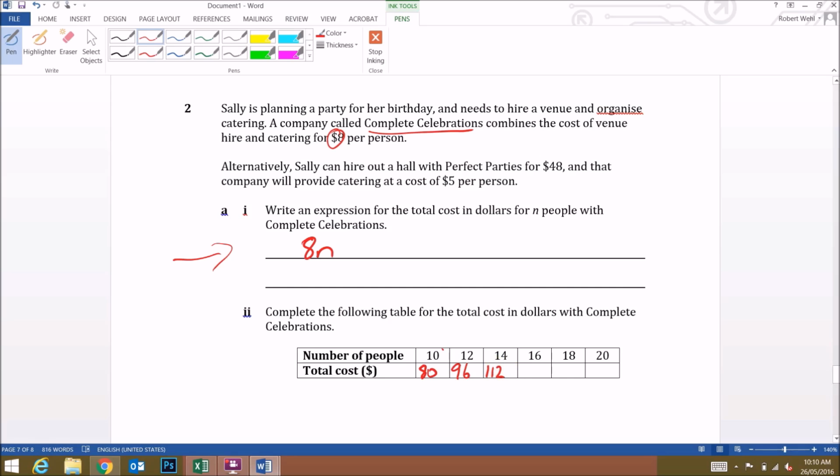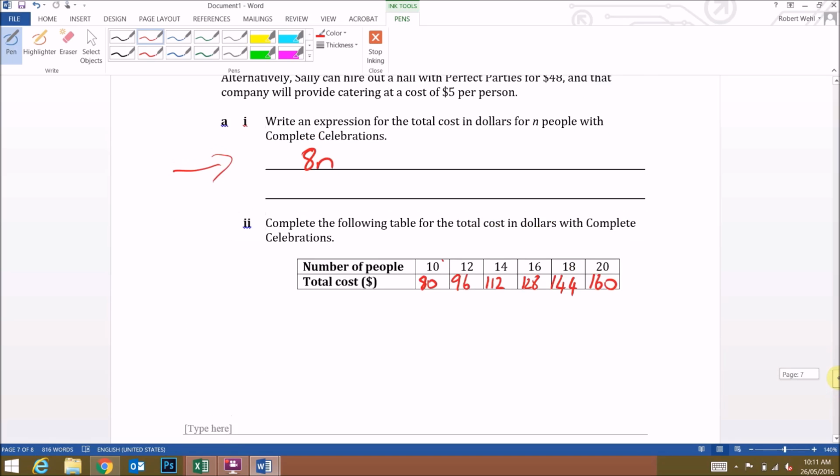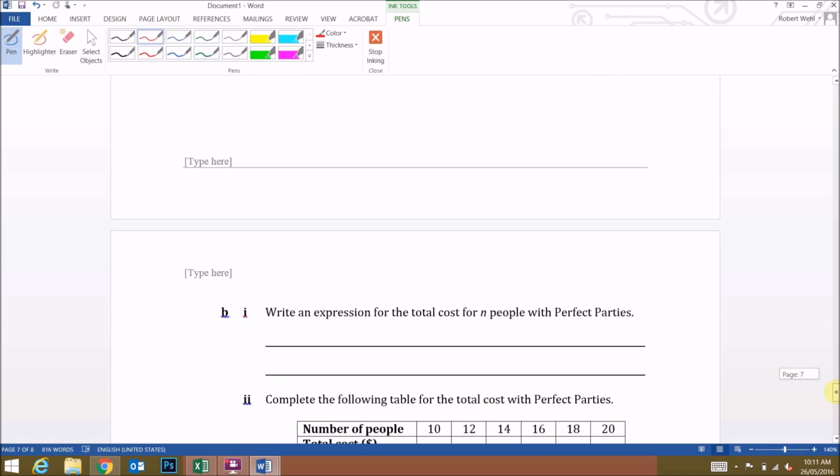For 16 people, it's going to cost 128. 18, 144. And for 20, 160. So all you're doing there is multiplying each of those numbers on the top by 8.